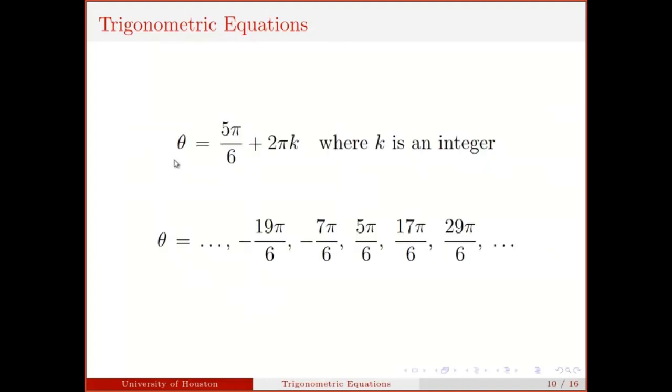The set of solutions related to 5 pi over 6 in this way is denoted by theta equals 5 pi over 6 plus 2 pi k, where k is an integer. This corresponds to another infinite set of values which satisfy the equation sine theta equals 1/2.